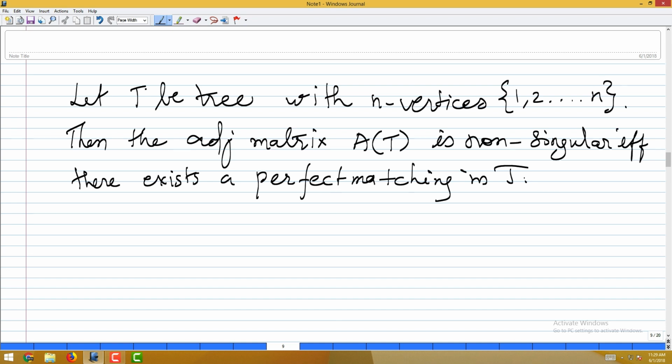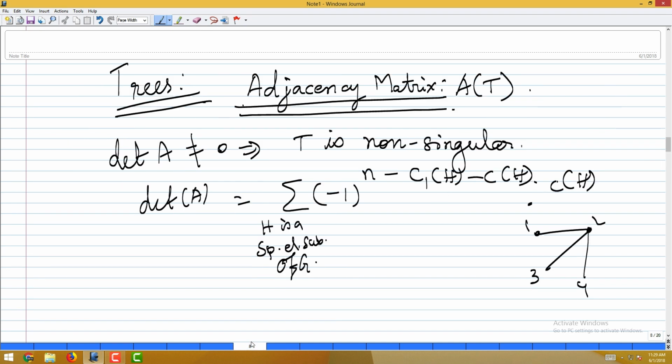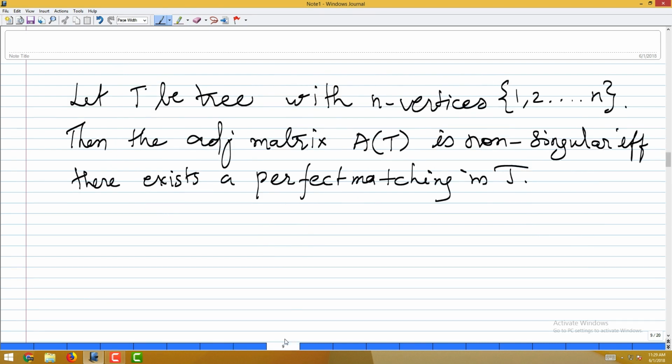So, one way we can immediately see from this: for an elementary subgraph to exist, first of all the tree must have a perfect matching. What about the other way around? If my tree has a perfect matching, then how do I show that the determinant is non-zero, or that the tree is non-singular?